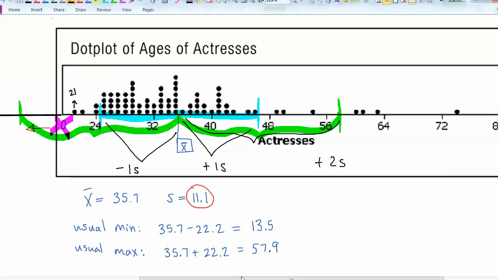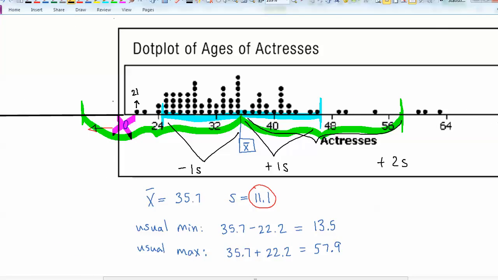Or, let me go past the scale that I had. We've actually contained all the data on the left side when we go this far. But that would be 2 standard deviations to the left. And that's the 13.5 and the 57.9, which is over here on this side.